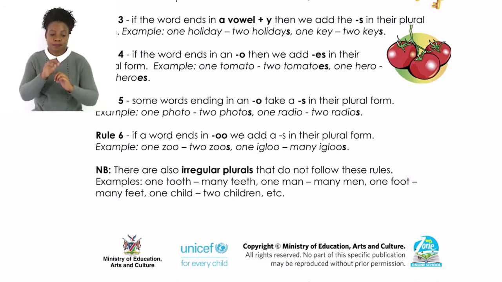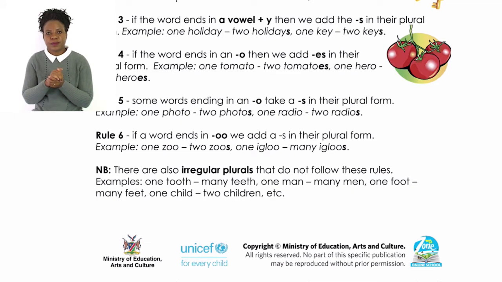For example, zoo. Two zoos. One igloo, many igloos. These nouns are ending with double O. Then we are just adding S as the plural.